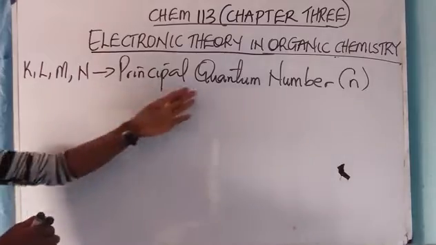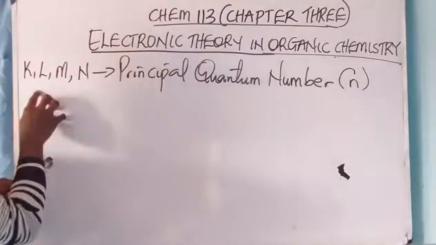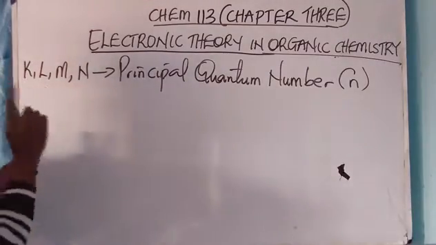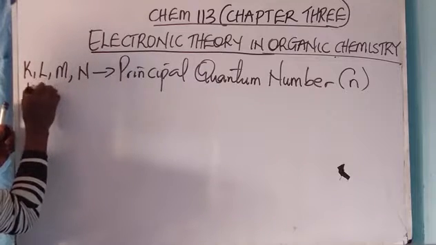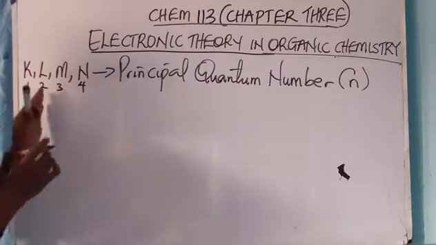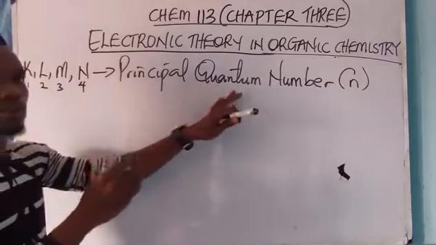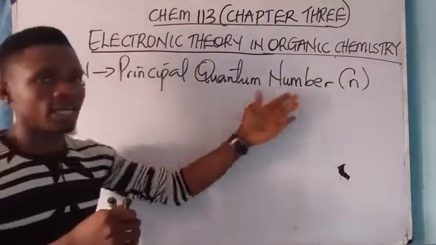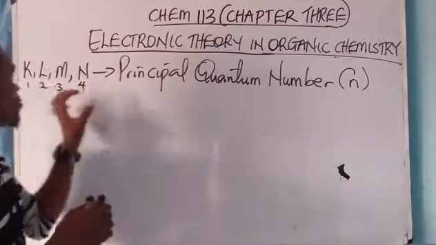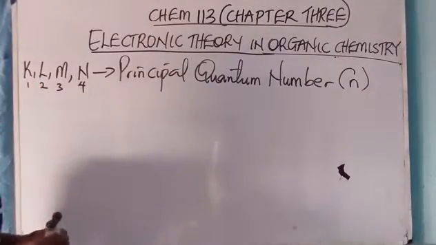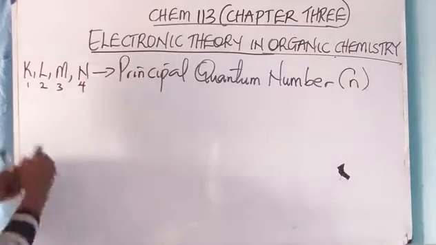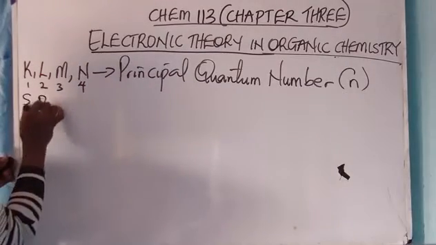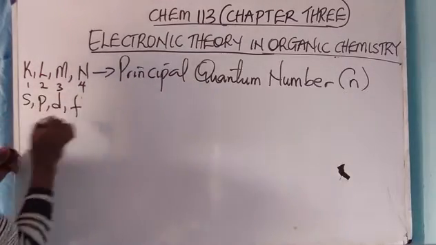In the principal quantum number, which is KLMN, we start ranging from 1, which means K is 1, 2, 3, 4. But the type of quantum number that now divides shells into orbitals is called the azimuthal quantum number. And they are S, P, D, F.